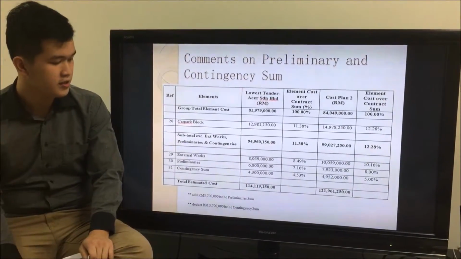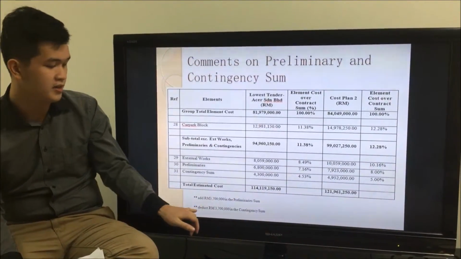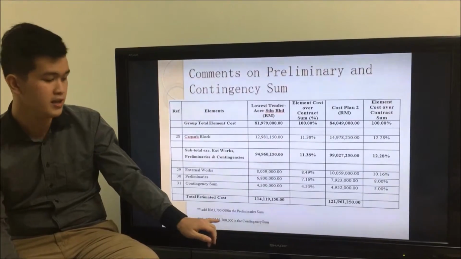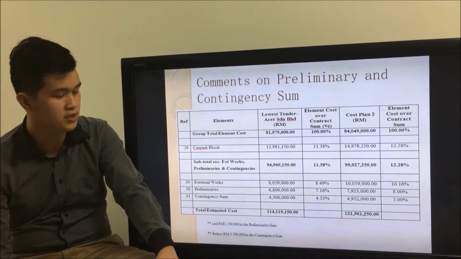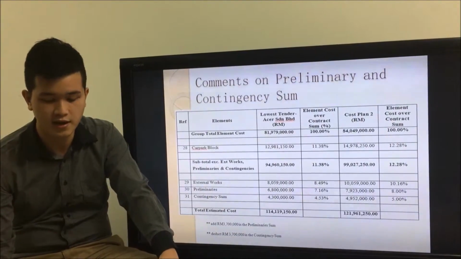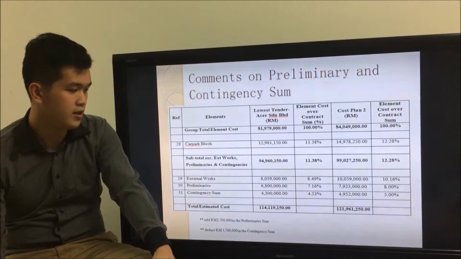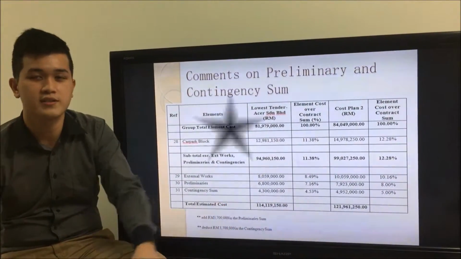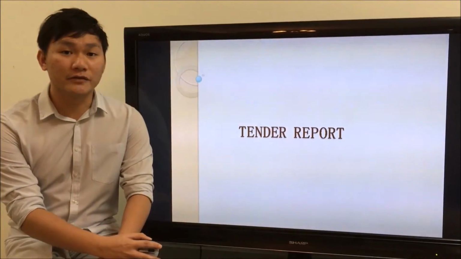In these conditions, we can add 3.7 million in the preliminary sums and deduct 3.7 million in the contingency sums. Therefore, the rationalization of tender price shall be emphasized during the tender meeting without affecting the original tender price. Okay, now I'll be presenting the tender reports.